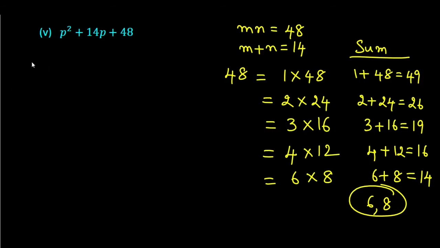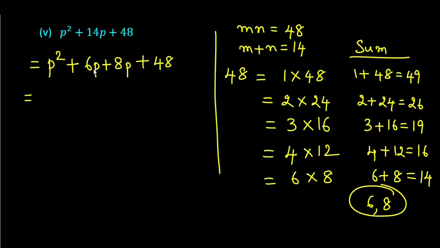Now we can write this one as p square plus 14p, which can be split into 6p plus 8p plus 48 as it is. From p square plus 6p, we have p as a common factor.